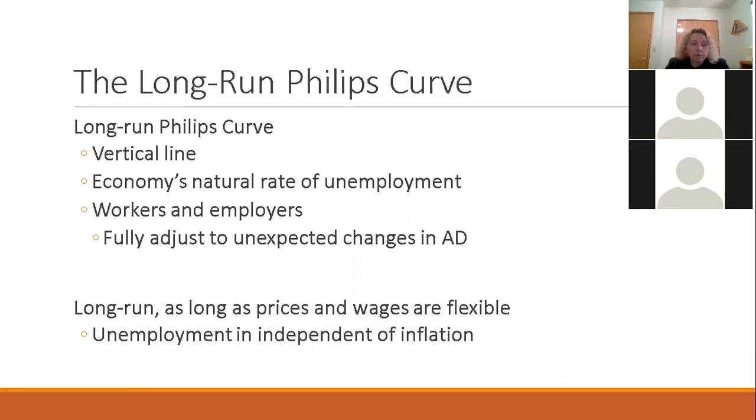Long run Phillips curve is a perfectly vertical line at the economy's natural rate of unemployment, also known as potential output. Workers and employers fully adjust to any of those unexpected inflation rates and things like that. Remember, it's when things are unexpected that we end up with recessionary or expansionary gaps. We have a recessionary gap now because something very unexpected happened.